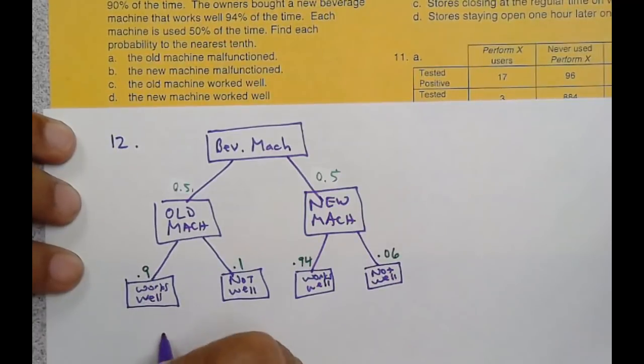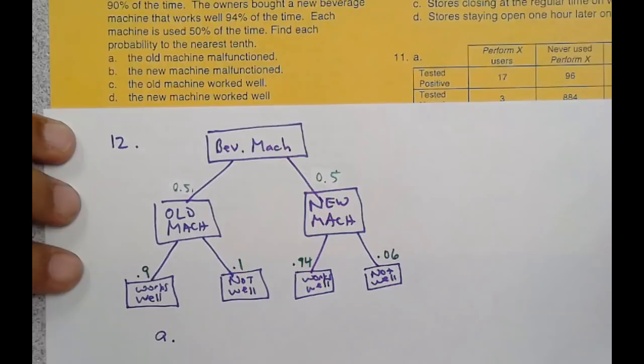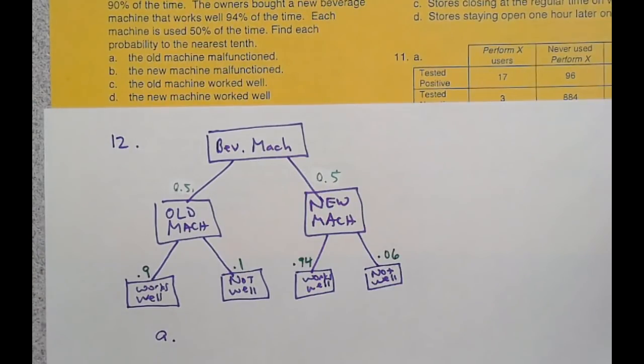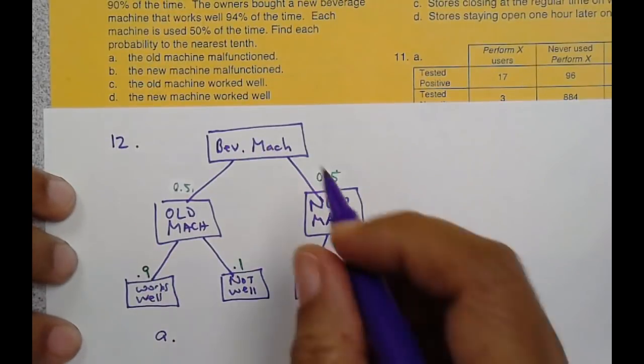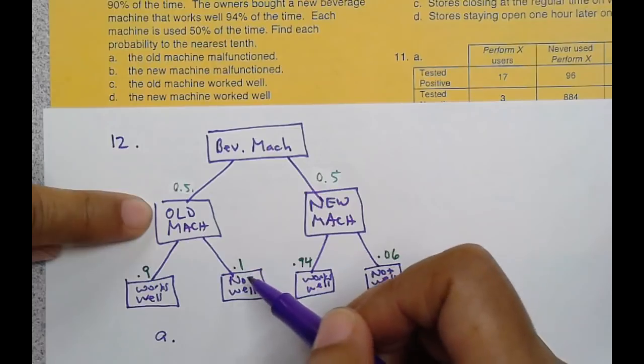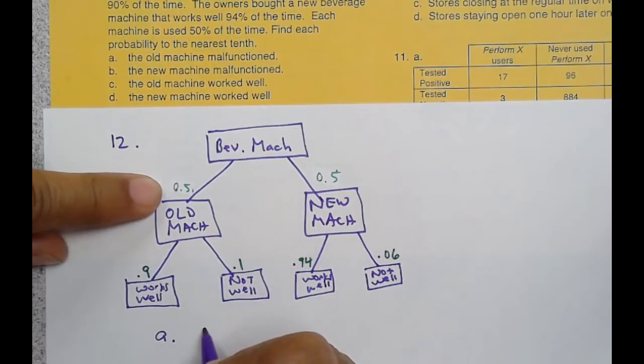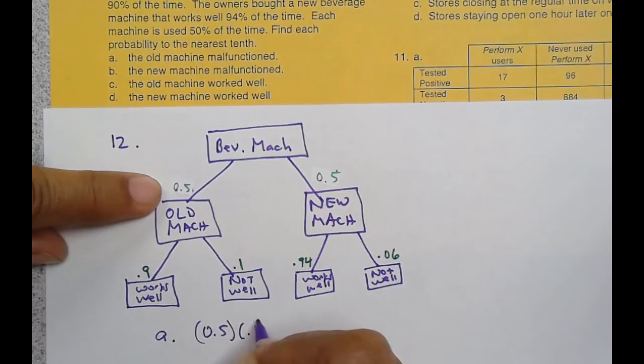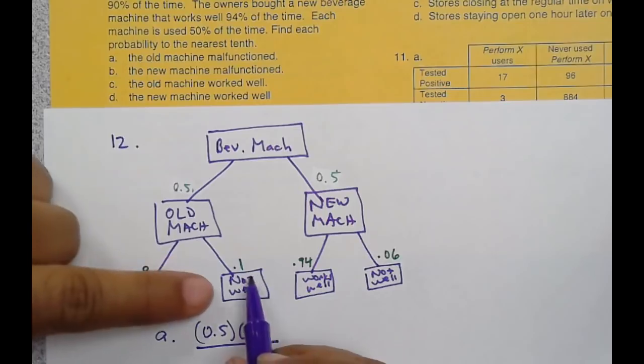So for part A, it says find the probability that the old machine malfunctioned. So what we want to do is take the old machine, find that route from the very top. The old machine malfunctioned means it didn't do well, so we have 0.5 times 0.1. Now that's the top, divided by the total of all the ones that are not well.